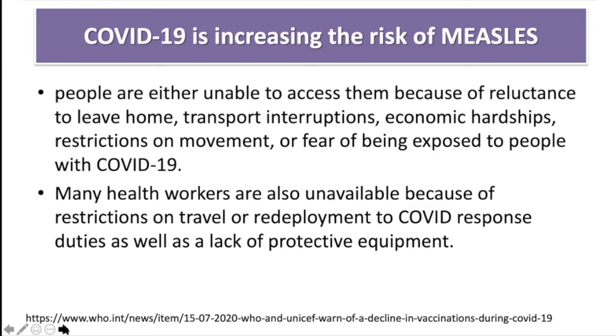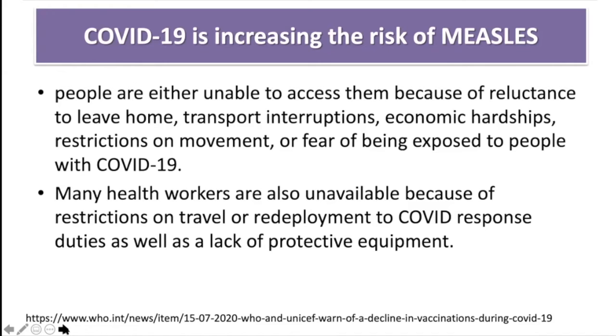So aside from those that I've mentioned previously, so now they are unable to leave their home because of the lockdowns. So there's a scarcity of transportation. Also, there's a big impact in the economy. There's restriction of movements, or simply the parents are afraid of bringing their children to the hospital because of possible exposure to people with COVID-19.